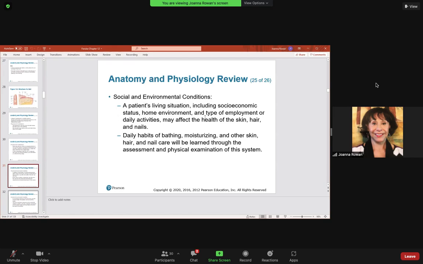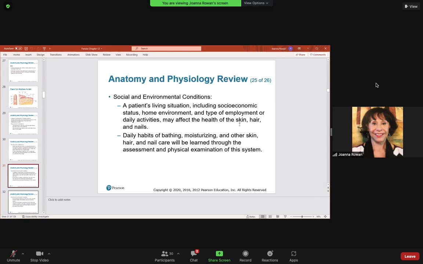Social and environmental conditions: a patient's living situation, including socioeconomic status, home environment, and type of employment or daily activities, may affect the health of the skin, hair, and nails. Of course, persons like nurses have to wash their hands all the time, so their nails are going to be affected at some point.